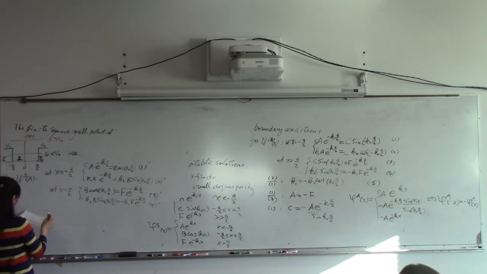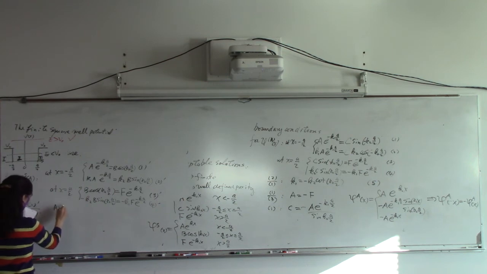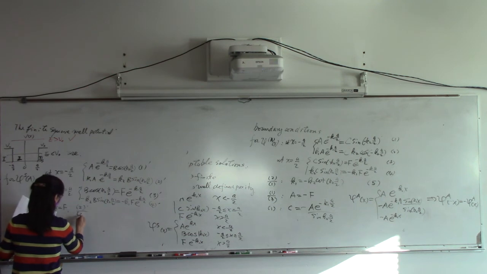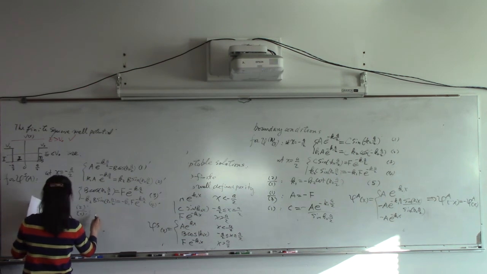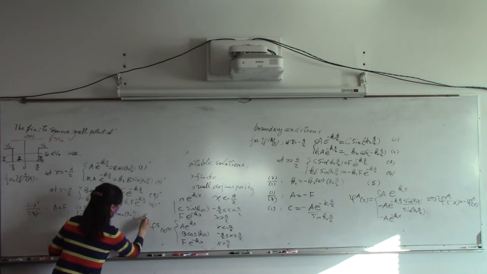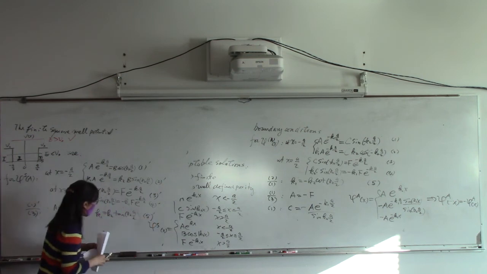And do the same thing. Like 1 divided by 3 prime, we have A equal to F, and 2 prime divided by 1 prime, we have this important one: k1 equal to k2 tangent k2 a over 2. Since we are going to use this one, I'm going to circle it.